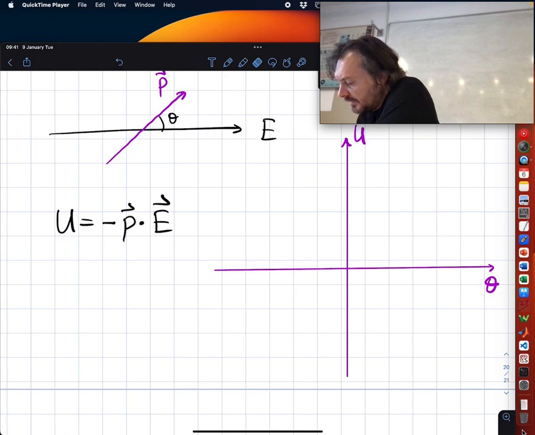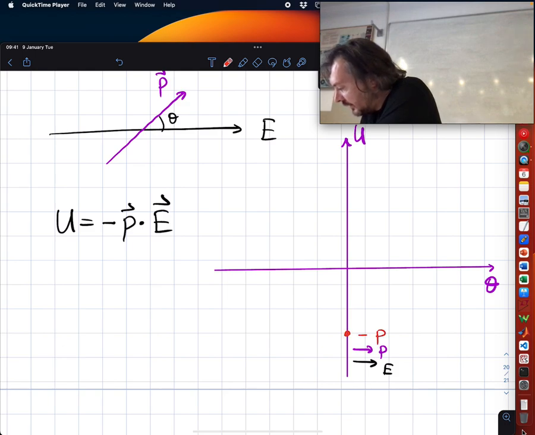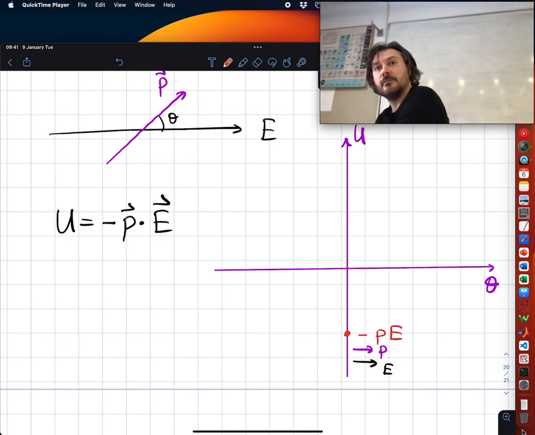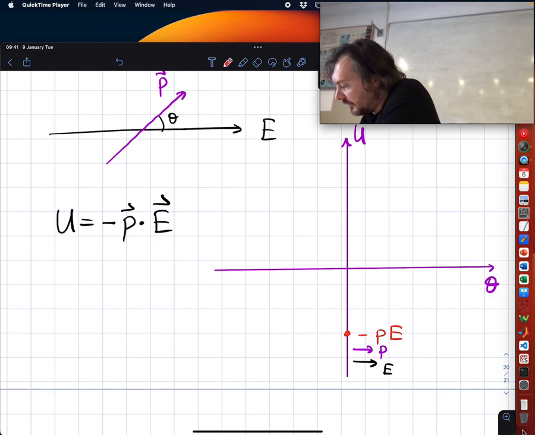So when theta is 0, what is the energy? It's minus PE, right? Are you following? So when P is perfectly aligned with E, then the energy is negative PE. Do you agree? So that corresponds to 0 theta.